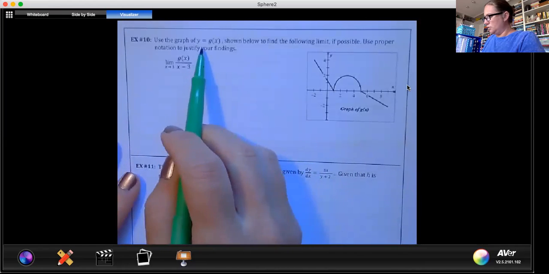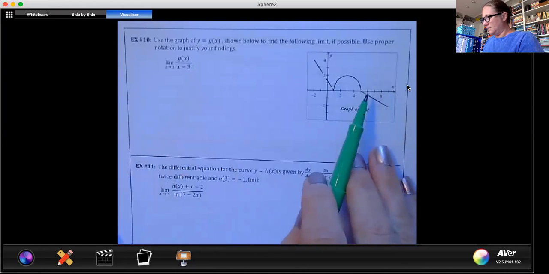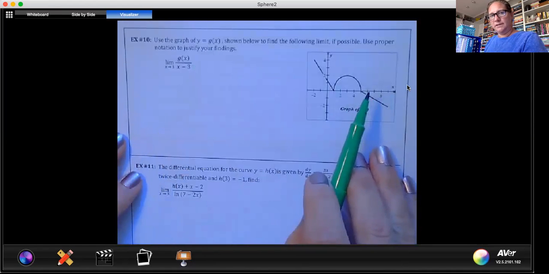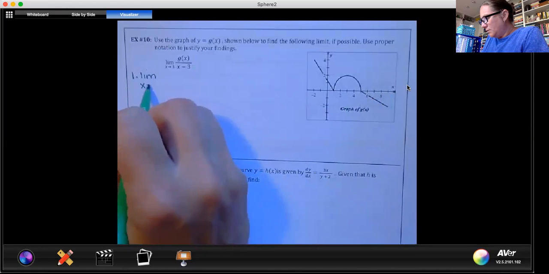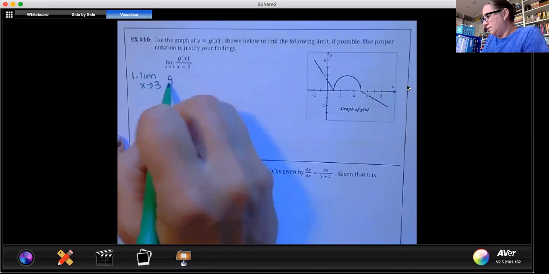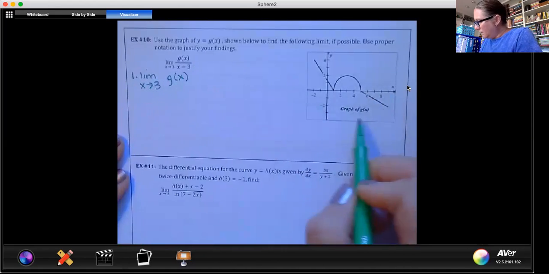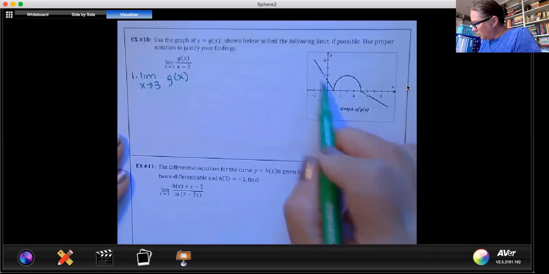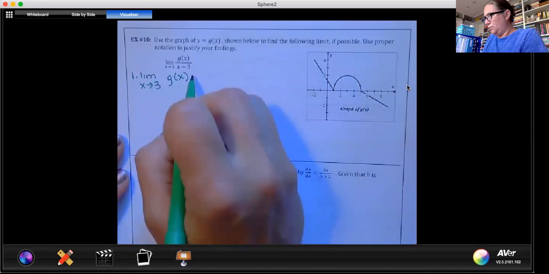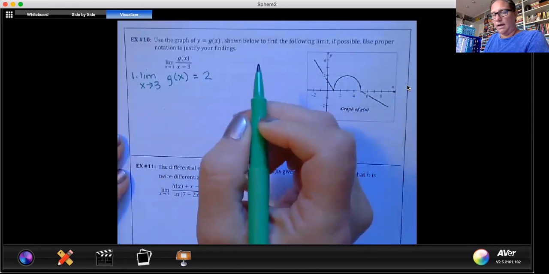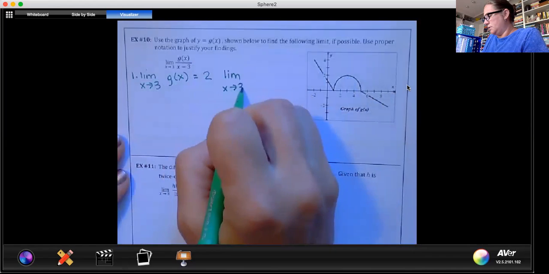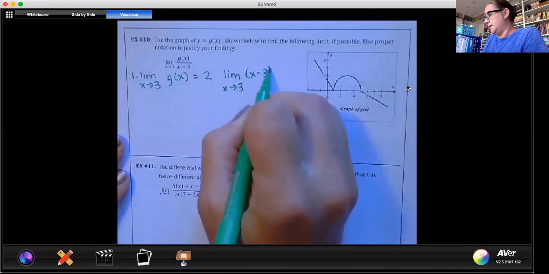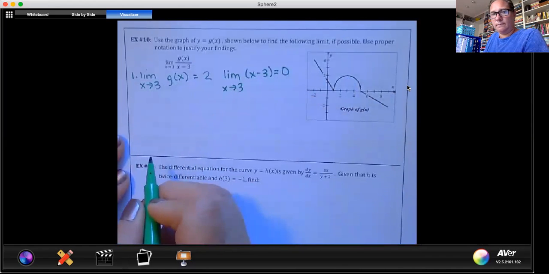Use the graph of y equals g of x to find the following limit. If possible, use proper notation to justify your findings. So the limit as x approaches 3 of g of x is 2. We haven't seen that yet. And the limit as x approaches 3 of x minus 3 is equal to 0.